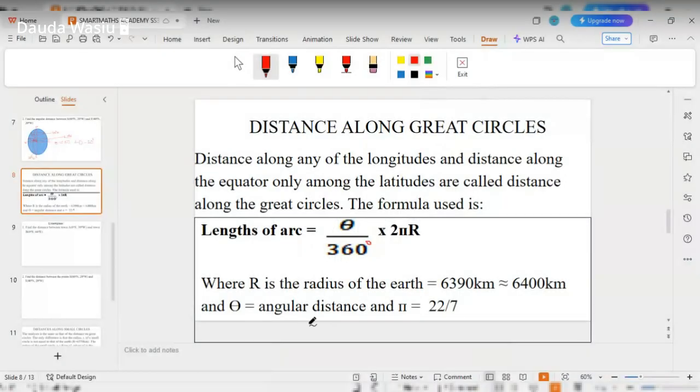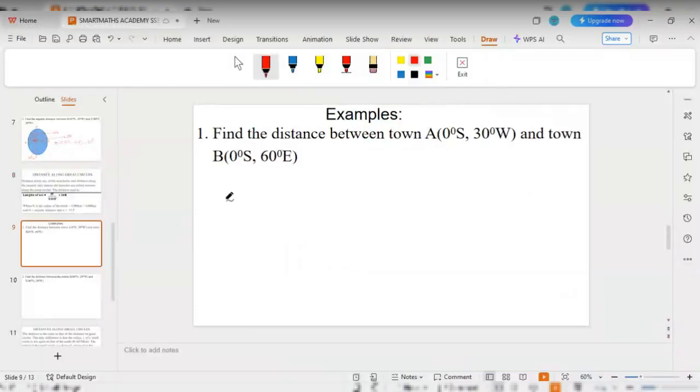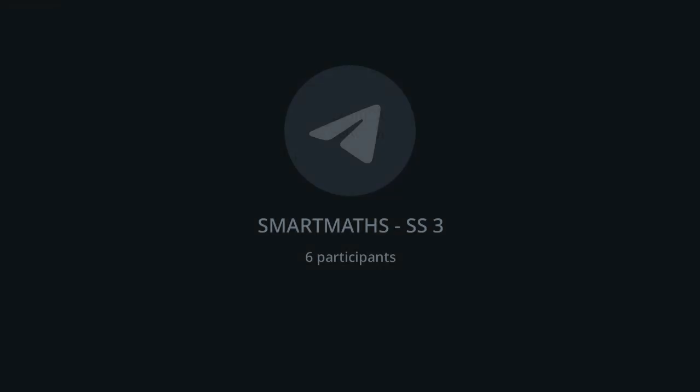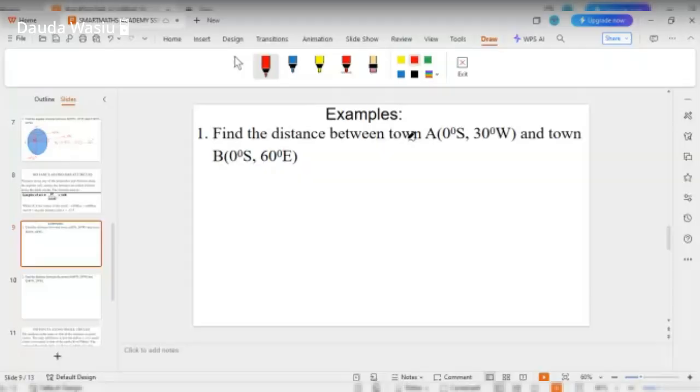So we move to the first example under distance along the great circle. The question says, find the distance between town A of latitude 0 degrees south and longitude 30 degrees west, and town B of 0 degrees south and 60 degrees east. Don't forget the conditions. We are going to take the radius of the earth to be 6,400 kilometers, and pi equals 22 over 7.